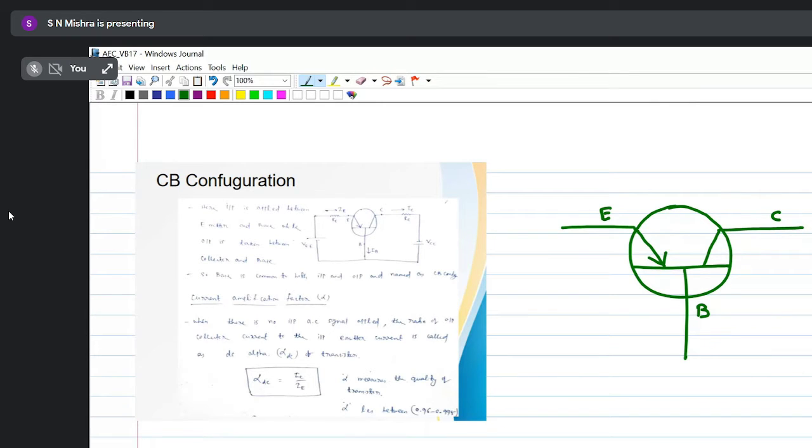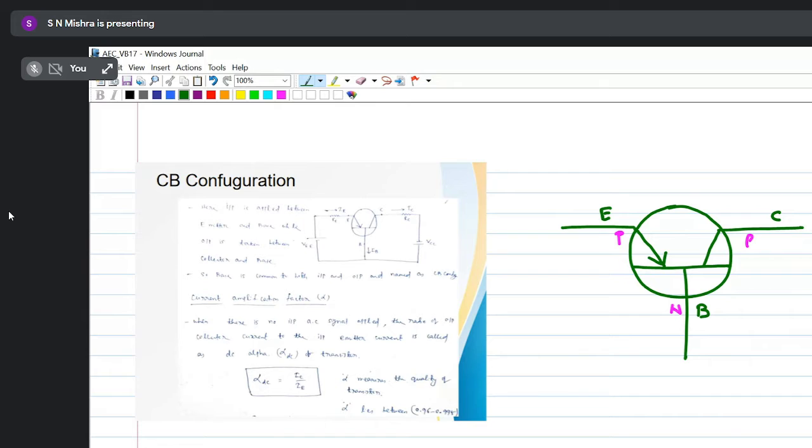Now I'll bias it. The emitter base junction should be forward biased and the collector base junction should be reverse biased. So what type of transistor is this? This is P, this is N, this is P. Forward bias means the P side should be connected to higher potential, and the N side to lower potential.